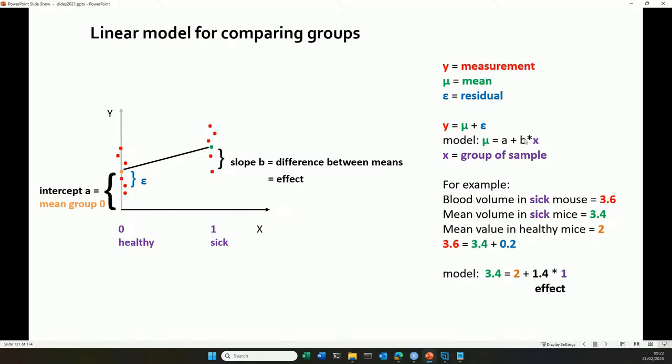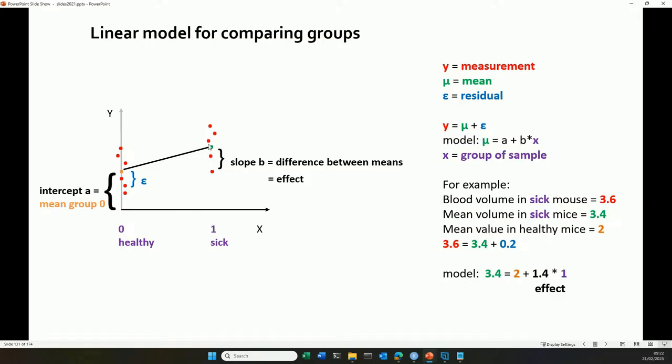The parameter B represents the slope. What is the slope? Well, the slope is defined as follows. When you move 1 along the x-axis, so you go from 0 to 1, how much does your line go up? So the slope is basically, in this case, this distance. You go 1 along the x-axis.